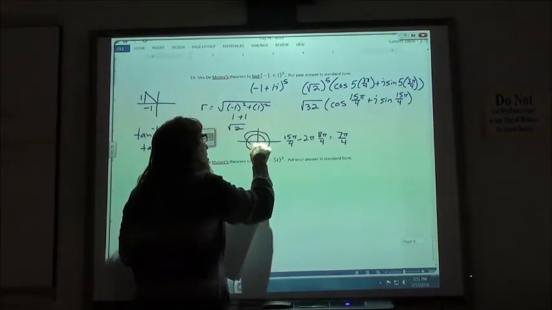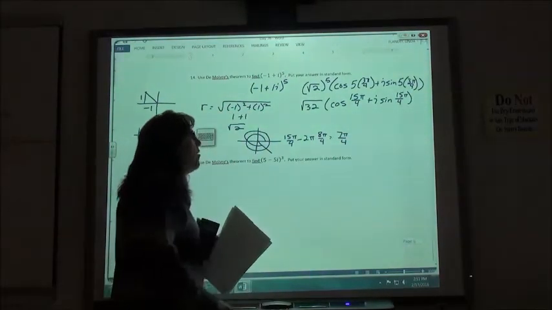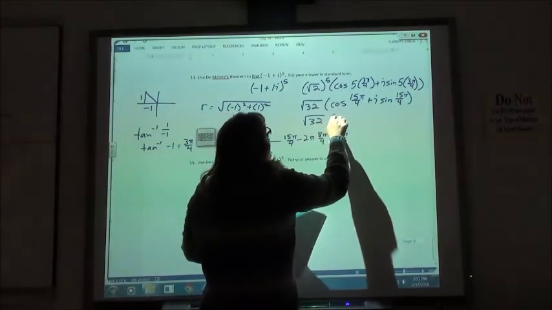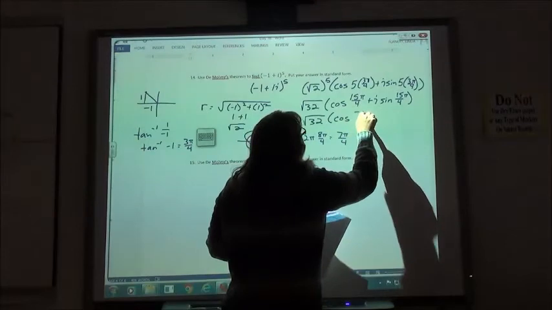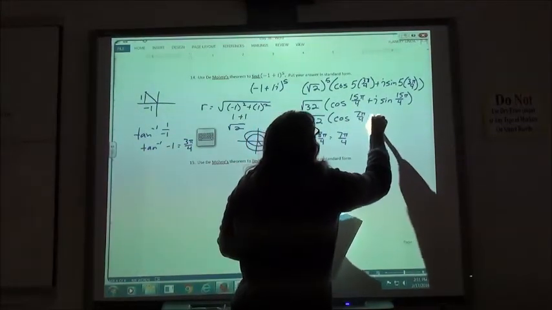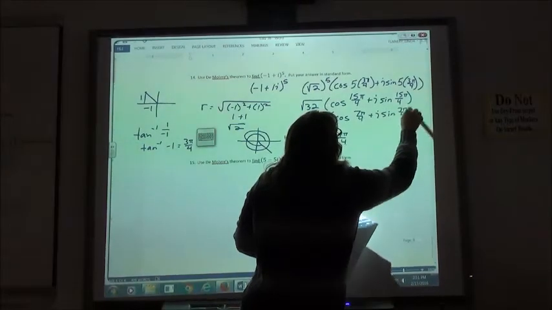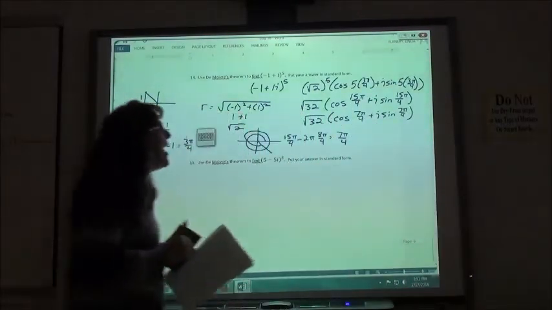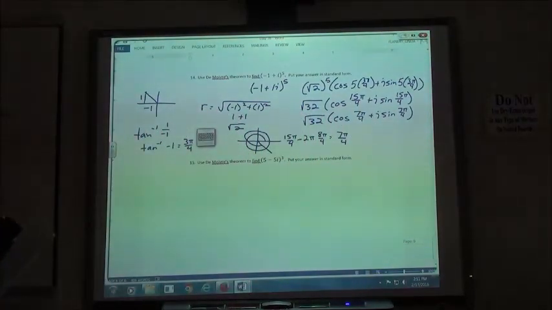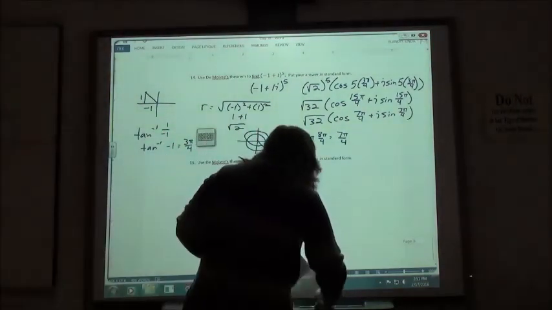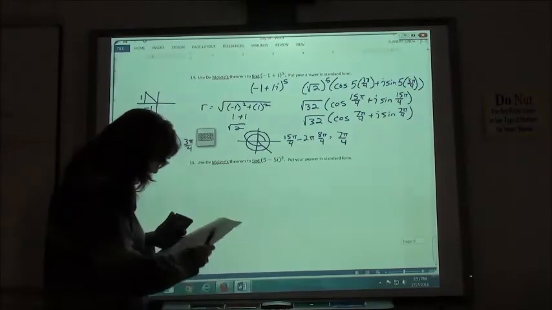So I'd be way around here at 7 pi over 4. So I'm going to do the square root of 32 times the cosine of 7 pi over 4 plus i sine of 7 pi over 4, using my equivalent angle that 15 pi over 4 is the same angle as 7 pi over 4.